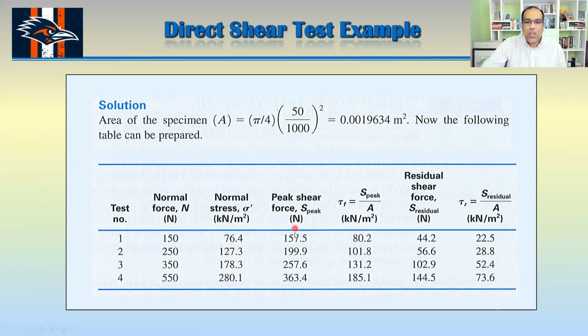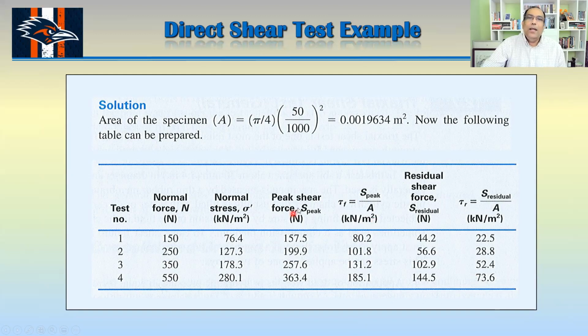This is your peak shear force. If you divide that with this, then you get the peak shear strength. Then this is your residual shear force, and then you divide that with the area. So this is your residual shear strength.